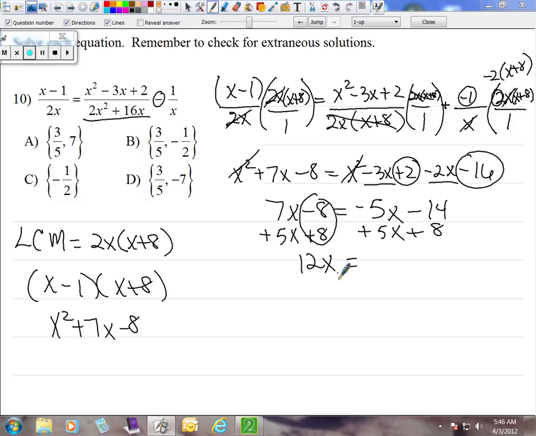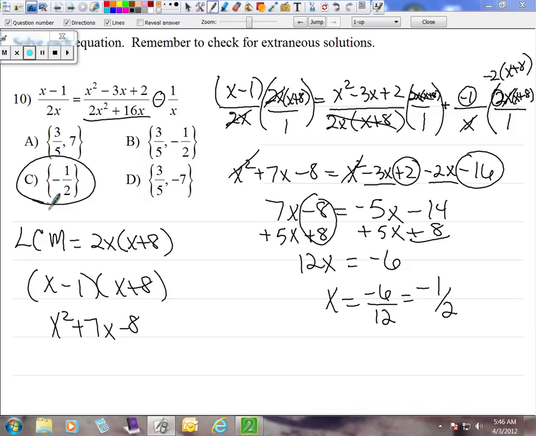Looks like a -6. Yes. When you add those. Now, we divide by 12. And we end up with negative 1/2, and that is our answer, C.